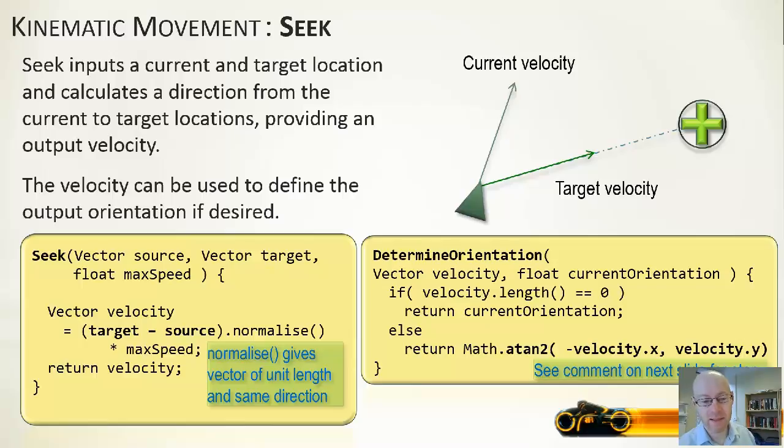Otherwise, this is the return bit at the bottom, which is the key bit. We are going to return, it's a math function, called arctan2, and we're passing in the x and y components of the velocity, and we're going to look at that on the next slide. But in essence, that will return an orientation that points us in the direction of travel, but we'll talk a little bit more about that in the next slide.